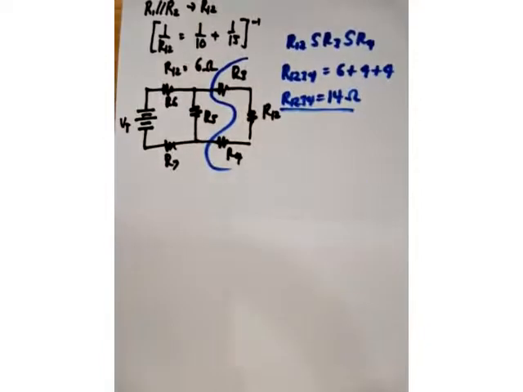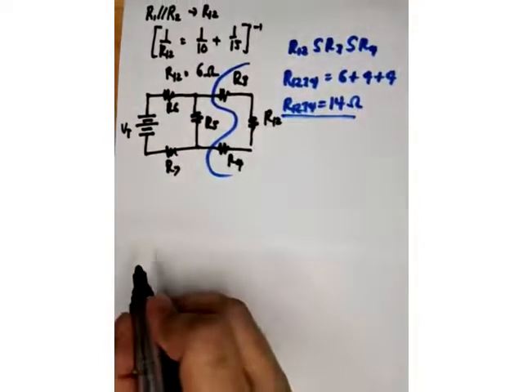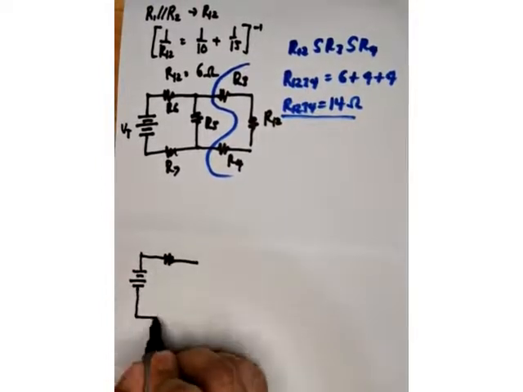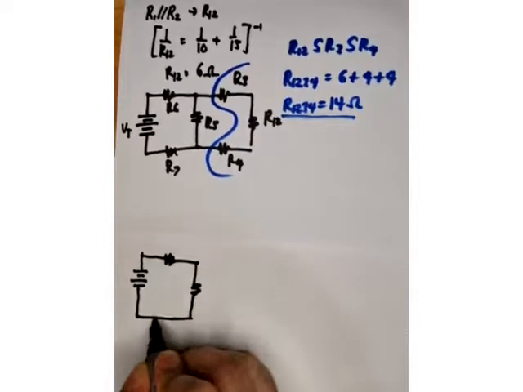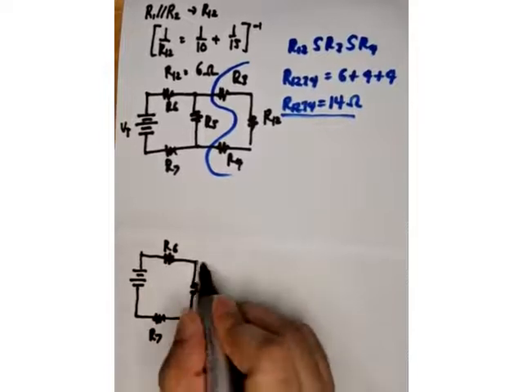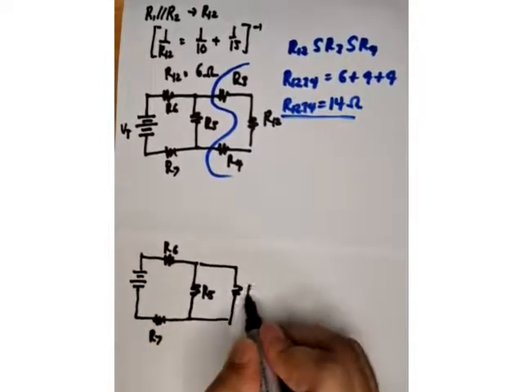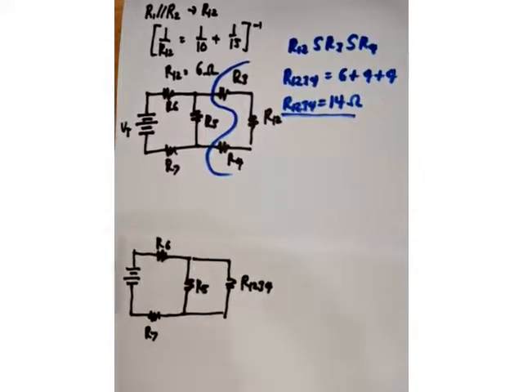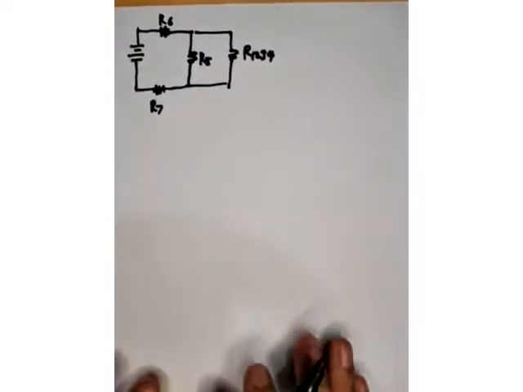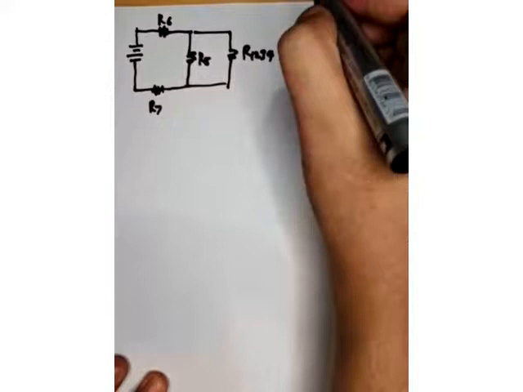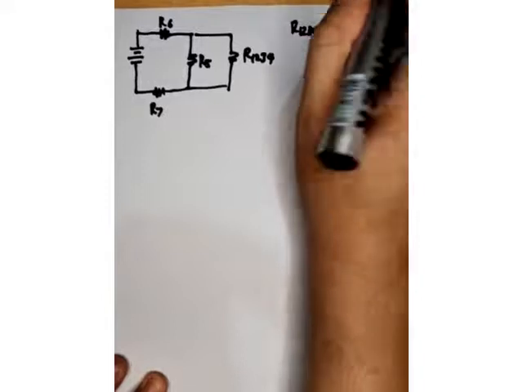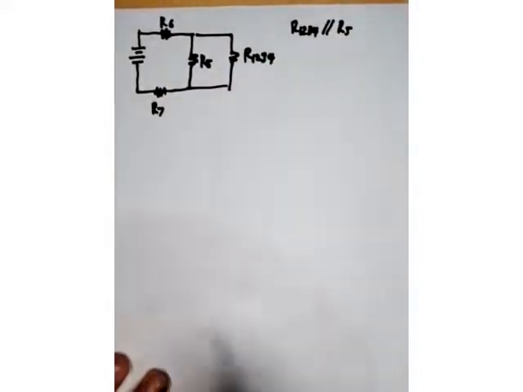Okay, so let's redraw again, combining all three resistors. In this case, R1234 is in parallel with R5. And the value of R5 is 14.